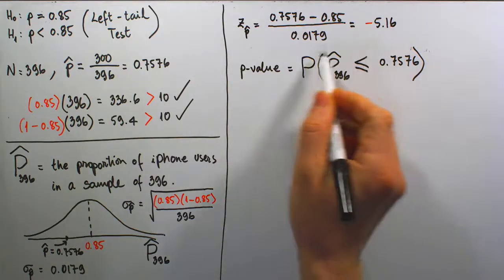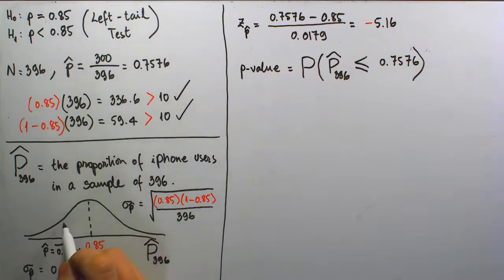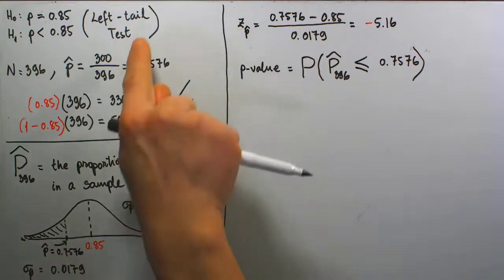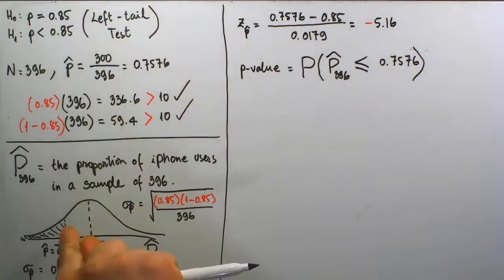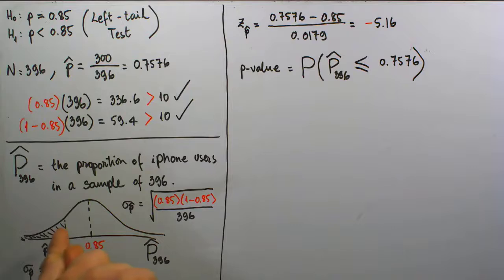That probability statement is equivalent to shading the area on the bell curve to the left-hand side of our p-hat. In the picture, p-hat is on the left-hand side of the bell curve center, and the p-value we are calculating is the shaded area to the left. This is the reason we call this a left tail test, because the p-value is represented as a tailed area to the left-hand side of our sample value.